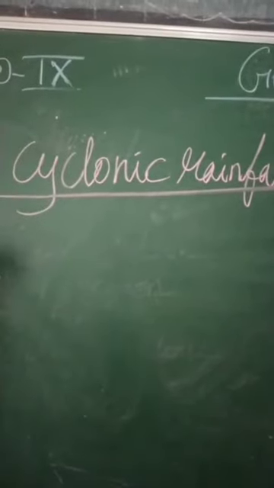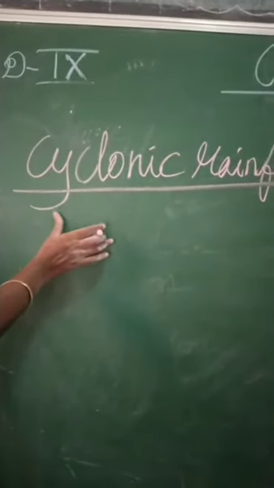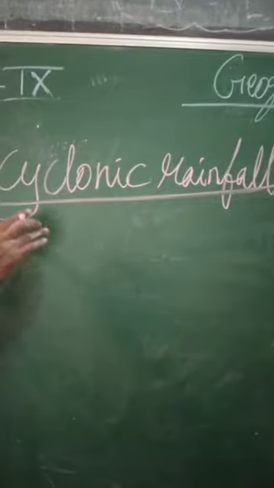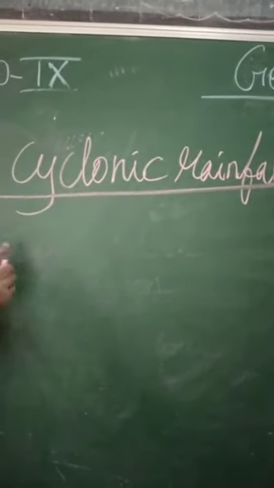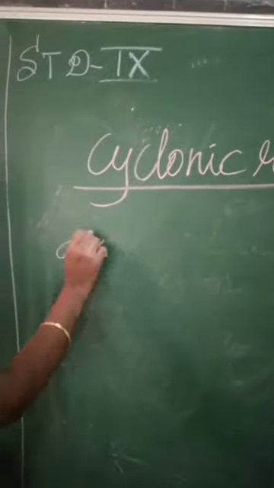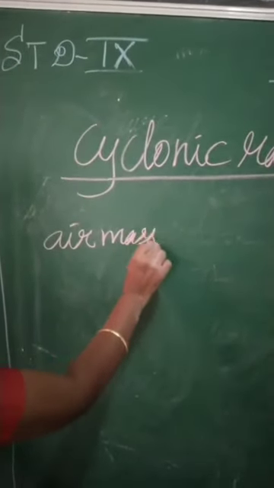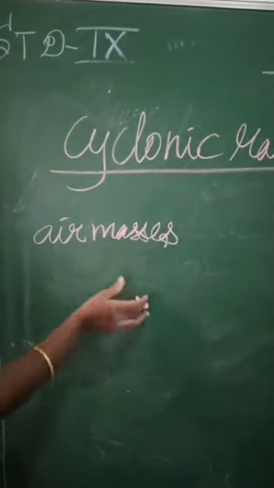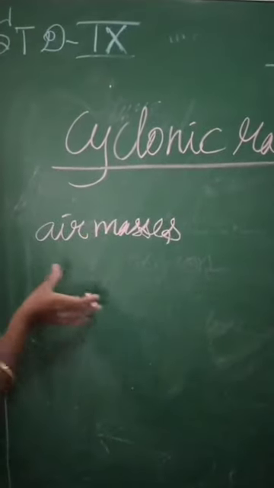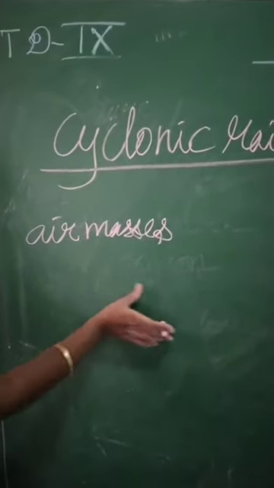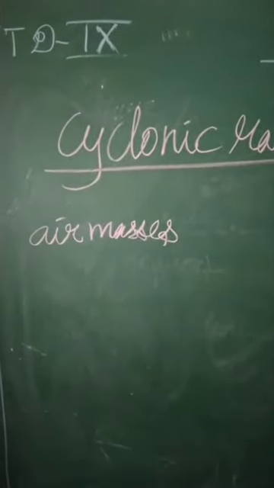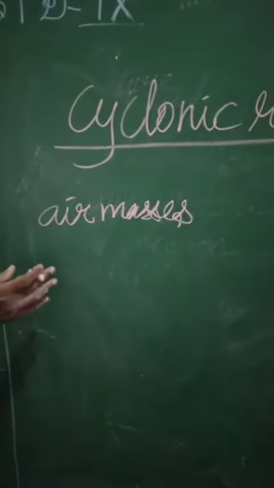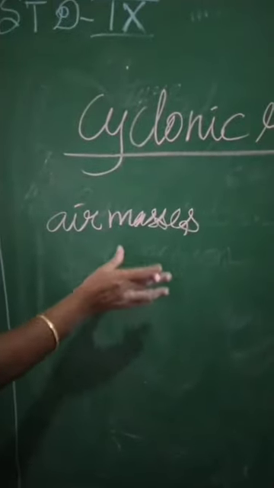Students, now we are going to learn cyclonic rainfall. Cyclonic precipitation occurs during cyclones when air masses converge and move upward so that adiabatic cooling occurs.